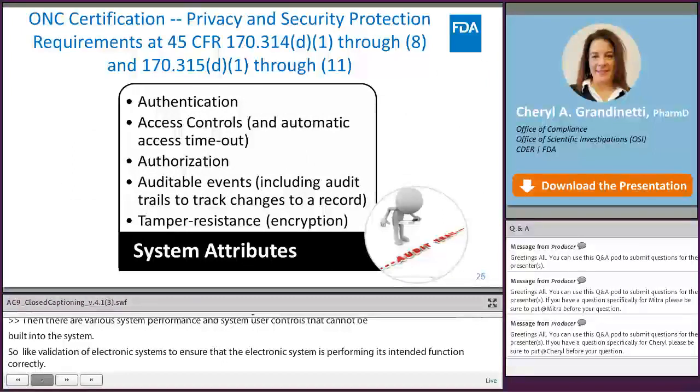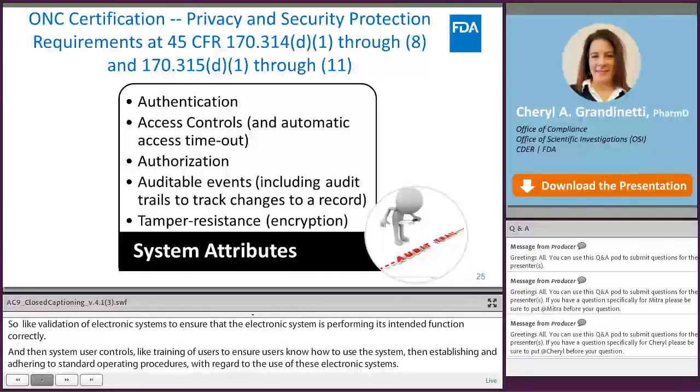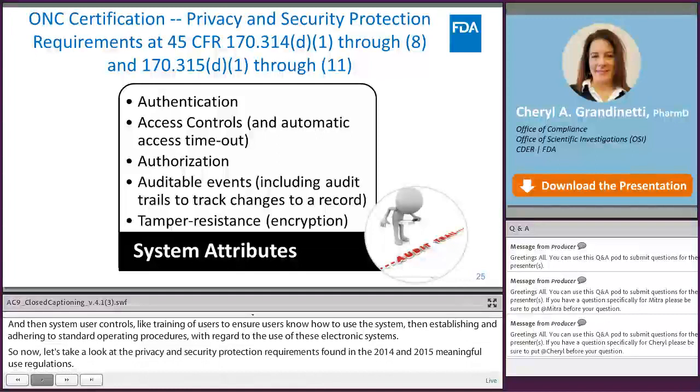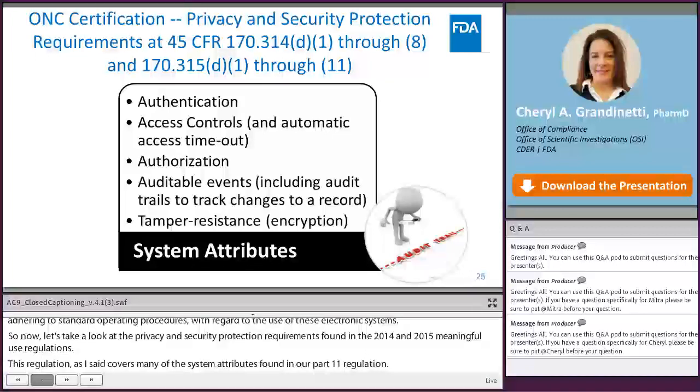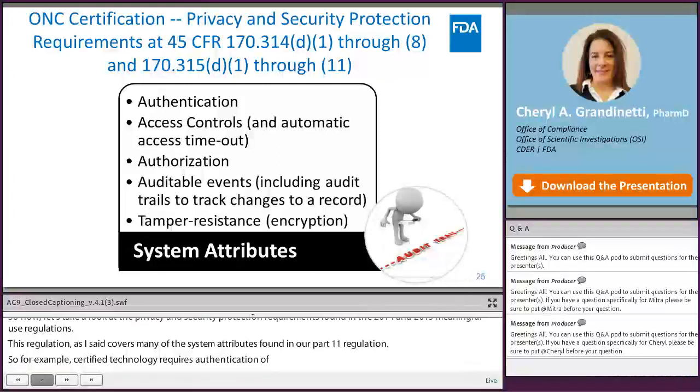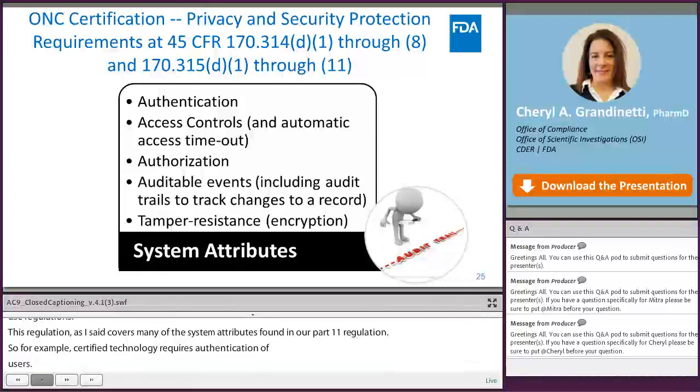So now let's take a look at the privacy and security protection requirements found in the 2014 and 2015 meaningful use regulations. This regulation, as I said, covers many of the system attributes found in our Part 11 regulation. So for example, certified technology requires authentication of users, access controls, and authorization of users' action. So the certified technology must verify the identity of an individual based on a username and password or unique identifier.